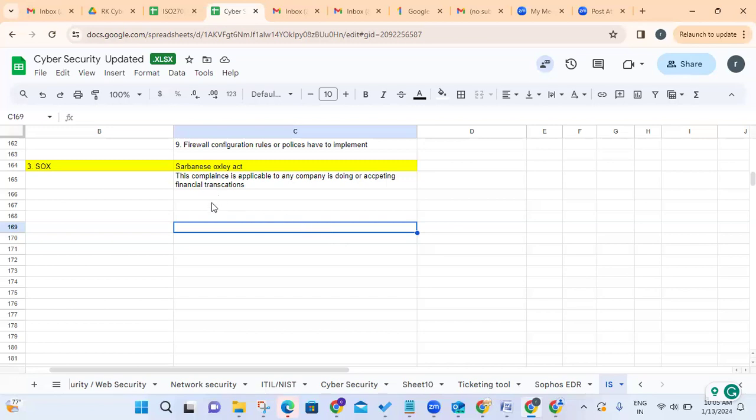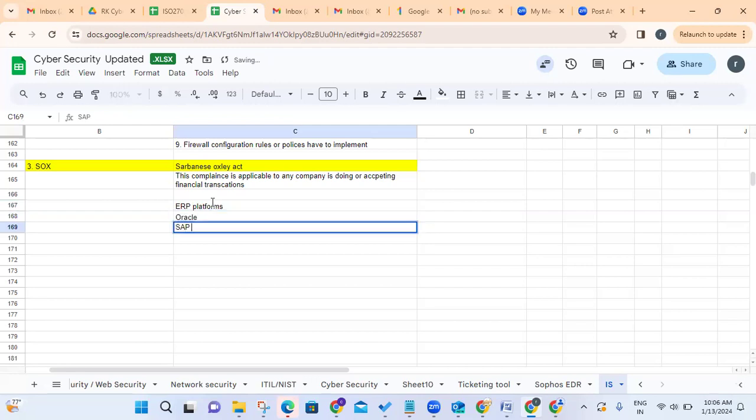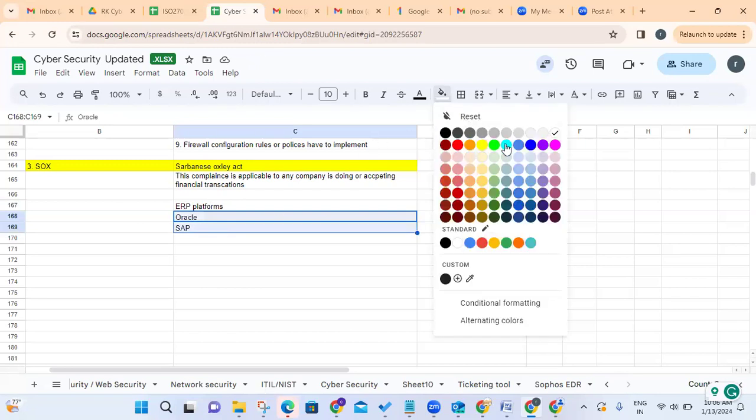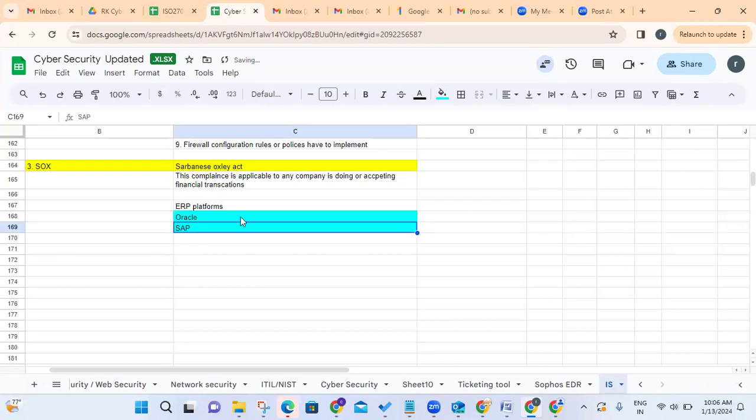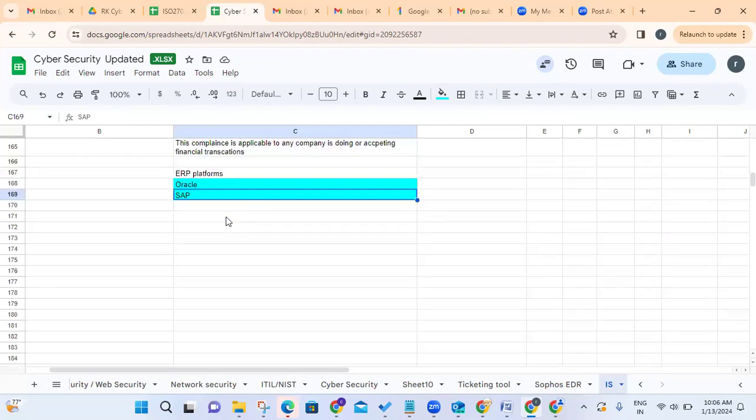Very famous financial transaction platforms on the backend side are ERP platforms. Two very famous ERP platforms are Oracle and second, SAP. These two are very, very popular. ERP means enterprise resource planning. In the backend they have database servers from the Oracle side and SAP side.